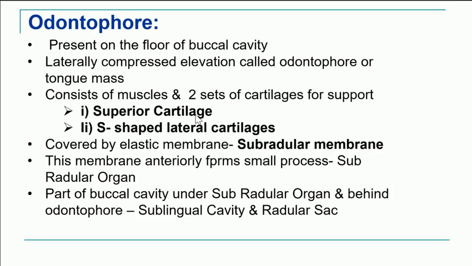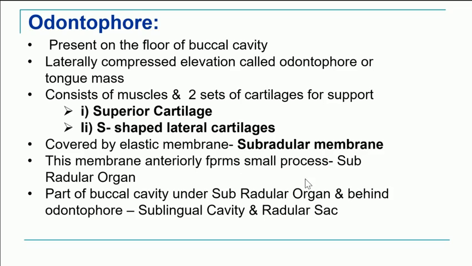So what are these two cartilages referred to as? The first set of cartilage is called the superior cartilage and the second set is called the S-shaped lateral cartilages. Further, this tongue-like odontophore structure is covered by an elastic membrane, called the subradular membrane. What is this subradular membrane?